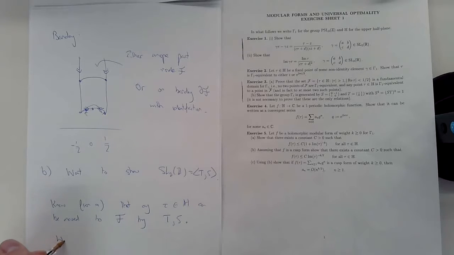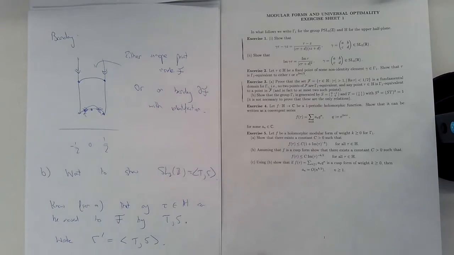So let's write gamma prime to be the group generated by that, and you're trying to show that gamma prime is all of SL2Z.